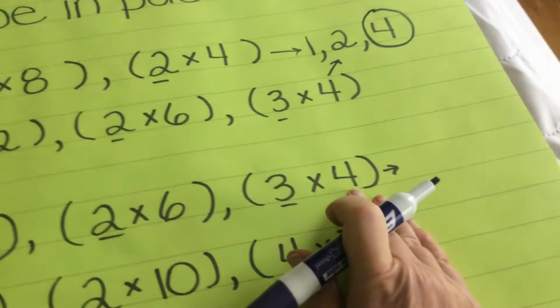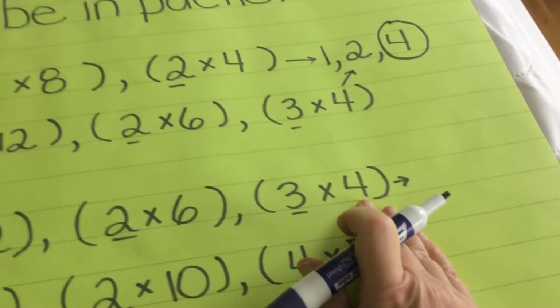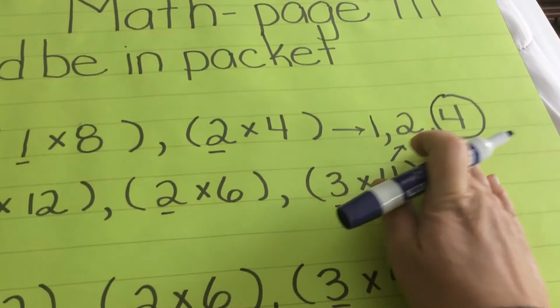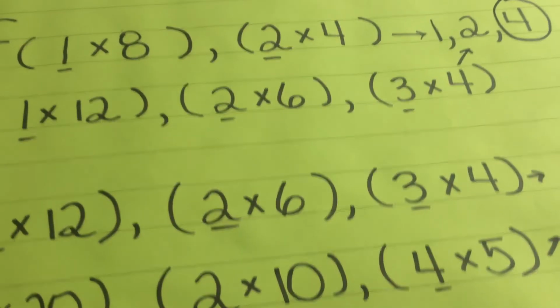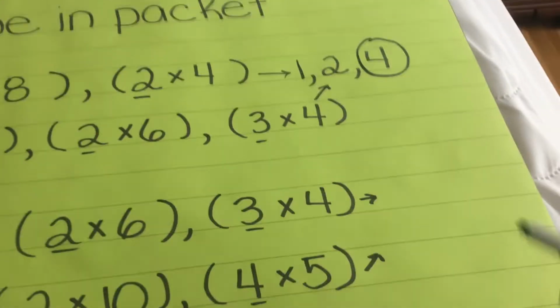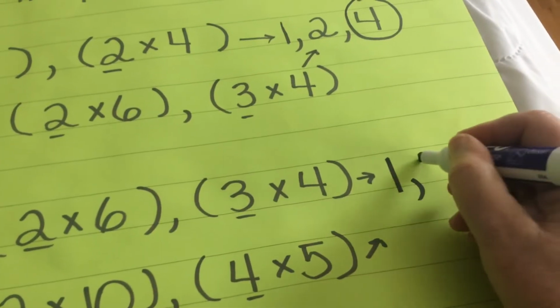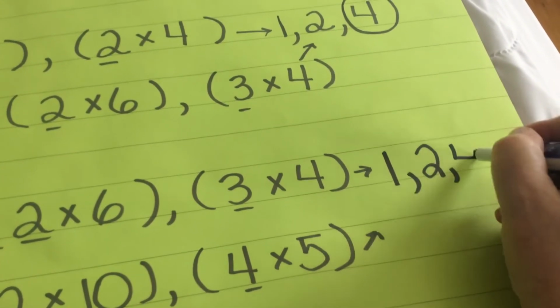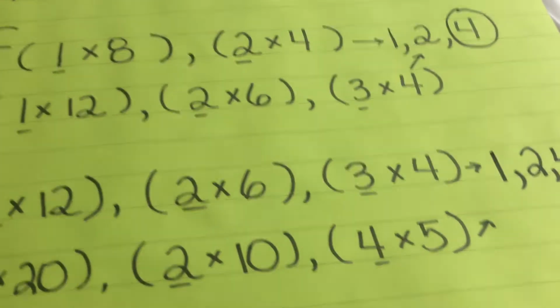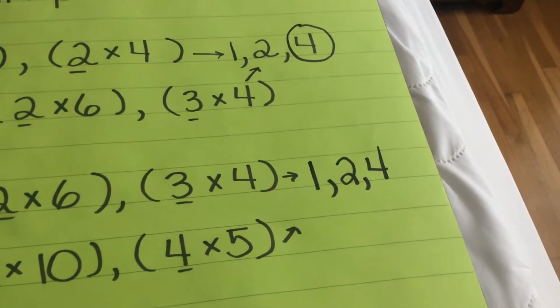And just like up above, in the box where it has the common factors, we're going to write 1, 2, and 4. That's what should be written in the common factors box.